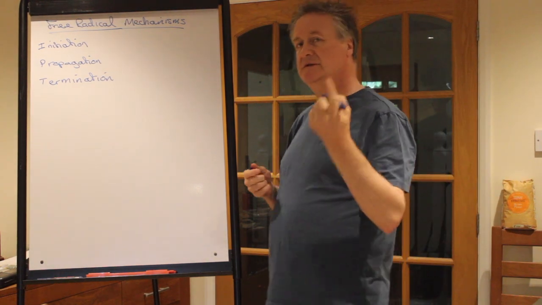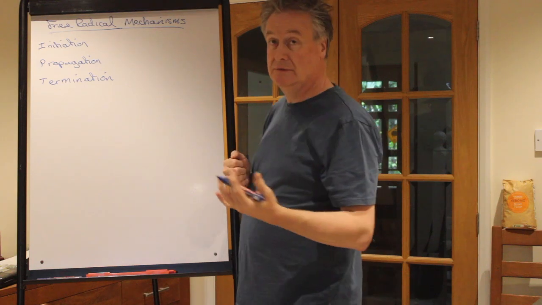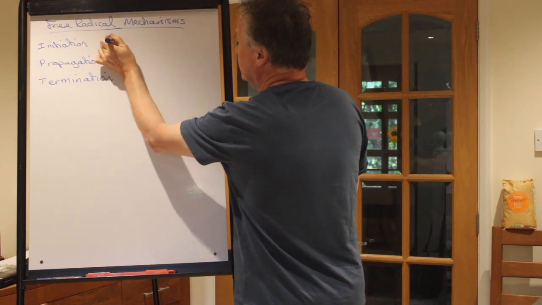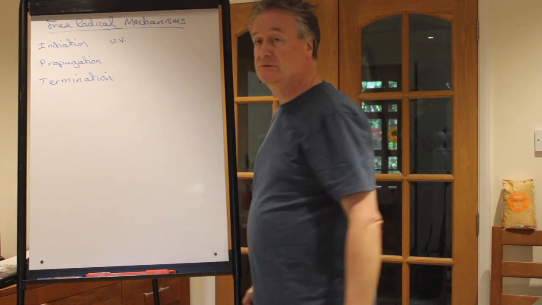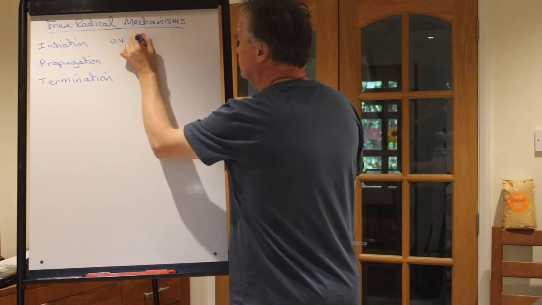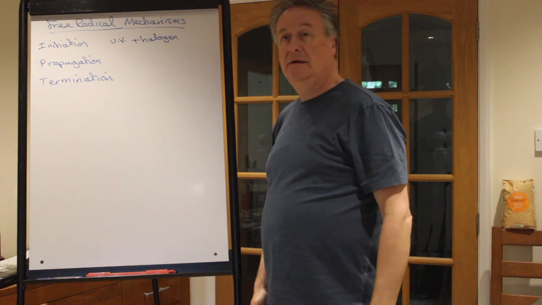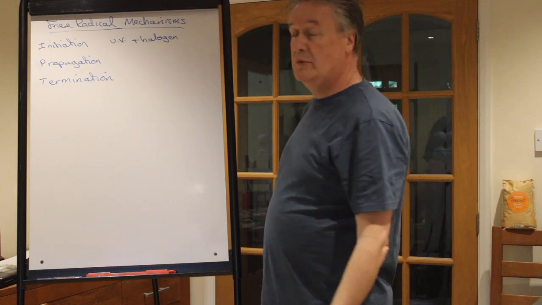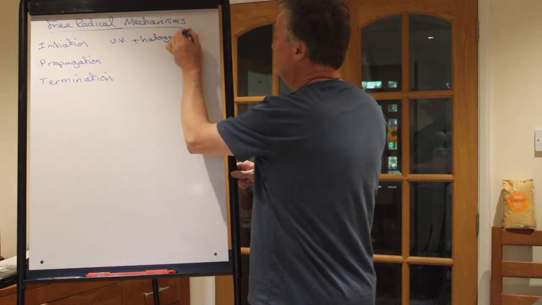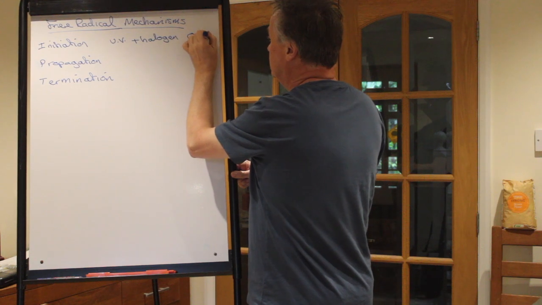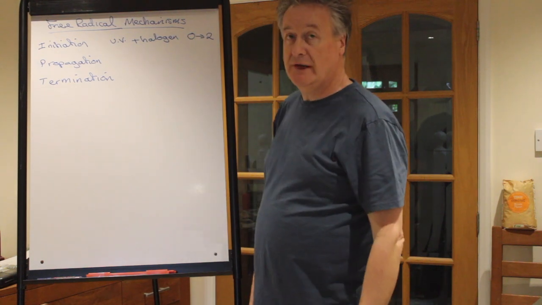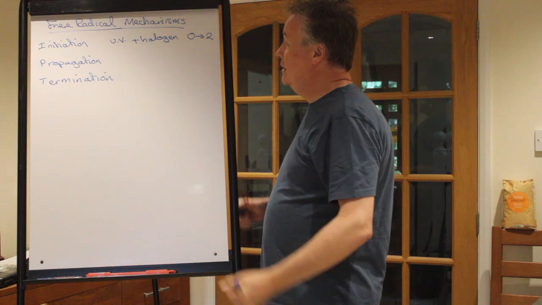So initiation, there's only ever one initiation in the organic reaction set, and it's always triggered by ultraviolet. But what you do is you go from no free radicals to two free radicals.